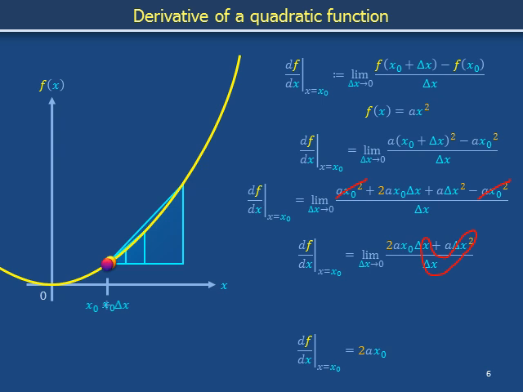Dividing this delta x out, we get the limit as delta x approaches 0 of 2a x naught plus a delta x. As delta x becomes arbitrarily small, the quantity 2a x naught plus a delta x becomes arbitrarily close to 2a x naught. Thus, the limit as delta x approaches 0 of 2a x naught plus a delta x is 2a x naught, as expected.